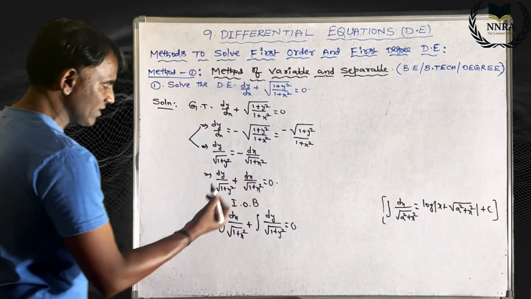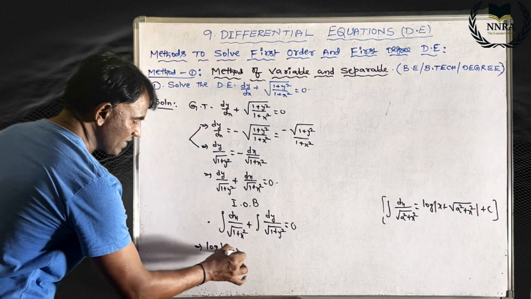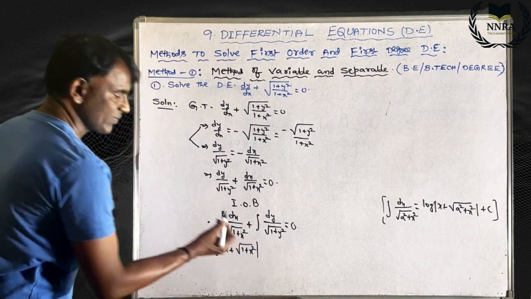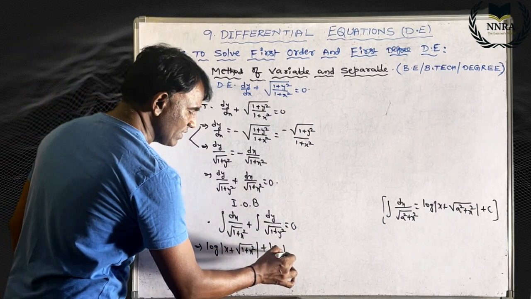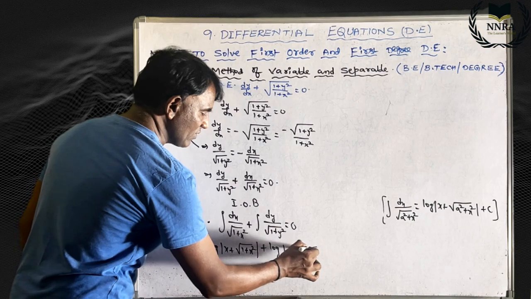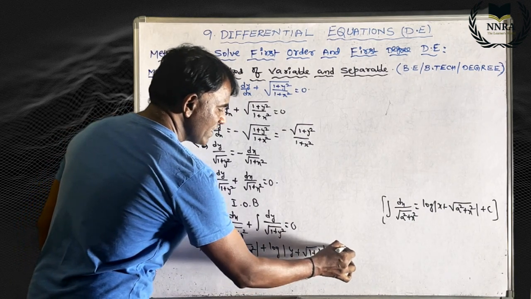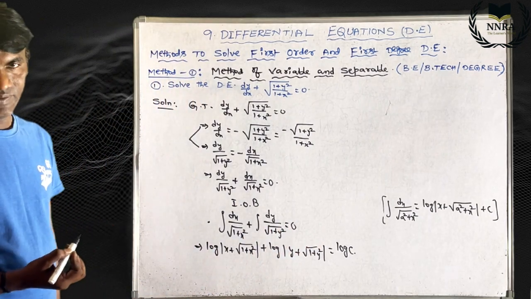By using that formula, the first one is log of mod of x plus root of 1 plus x square, and the second one is log of mod of y plus square root of 1 plus y square, equal to c, a constant.